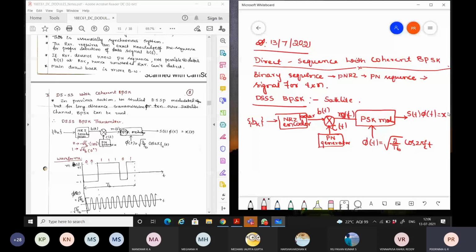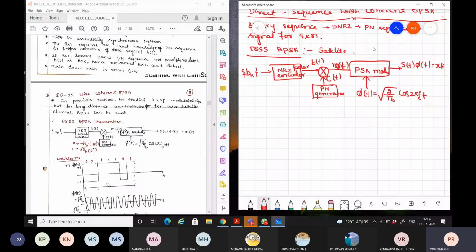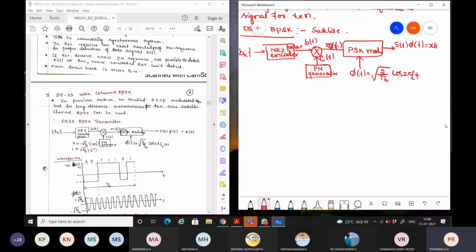This is m of t, which is the encoded value of the binary sequence after adding the PN sequence. So initially the sequence is considered like this: 0 0 1 1 1 0 1.